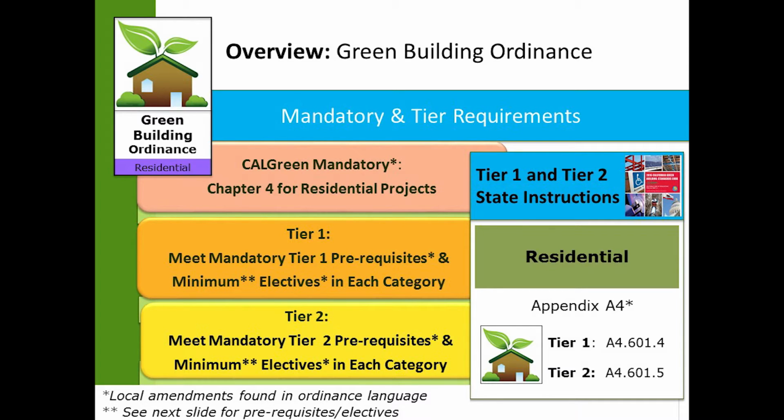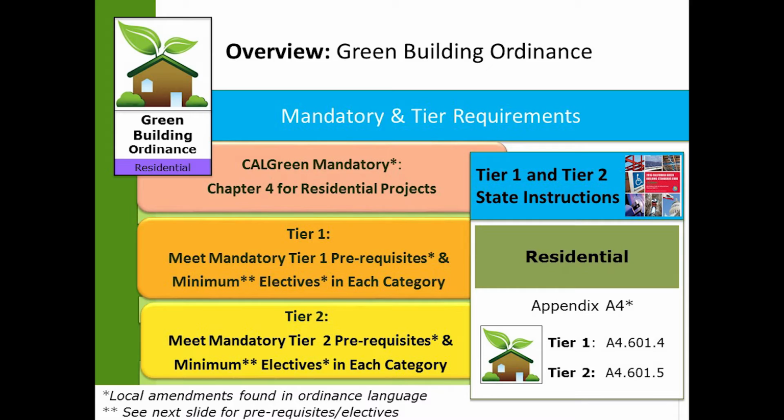Projects subject to Tier 1 must also meet the CalGreen mandatory requirements. For Tier 2, projects must meet mandatory Tier 2 prerequisites and minimum electives in each category.